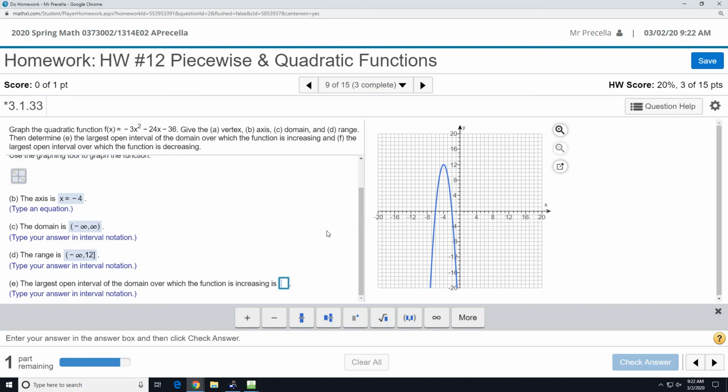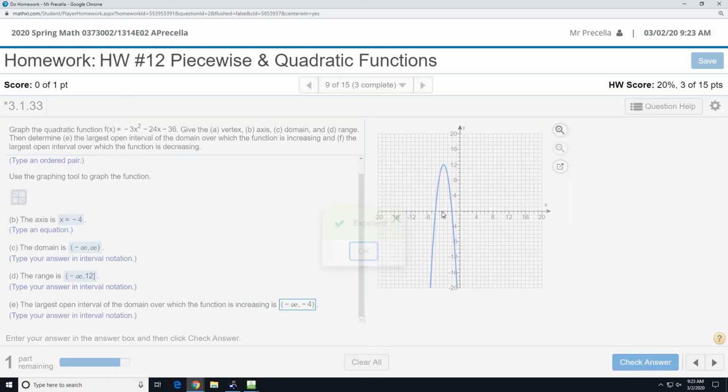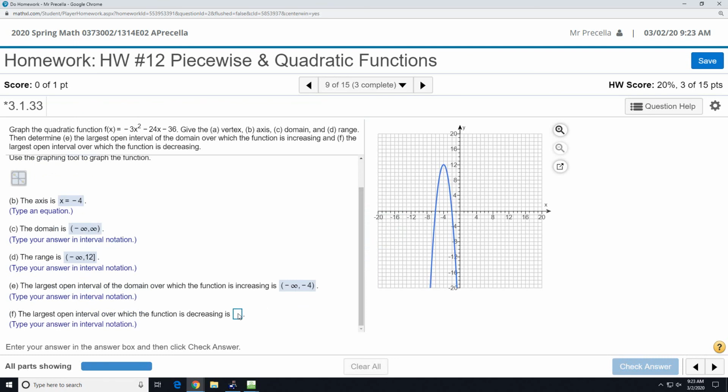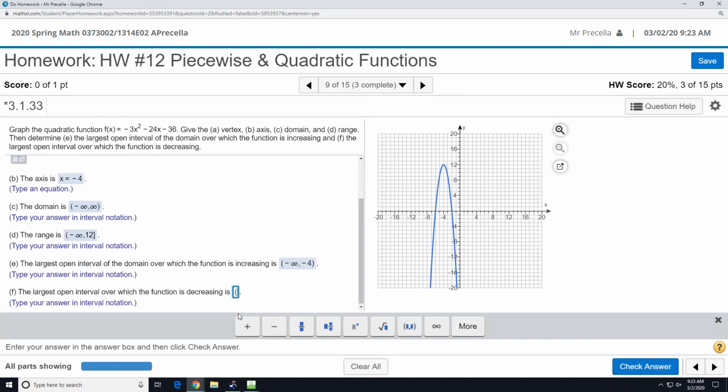Increasing, you said it's increasing to the left, so negative infinity, comma, -4. And remember, it's the interval of the domain. That's why you're using the -4. You don't use the 12. That's not a domain value. The domain is on the x-axis, and decreasing, -4, comma, positive infinity, right parenthesis.